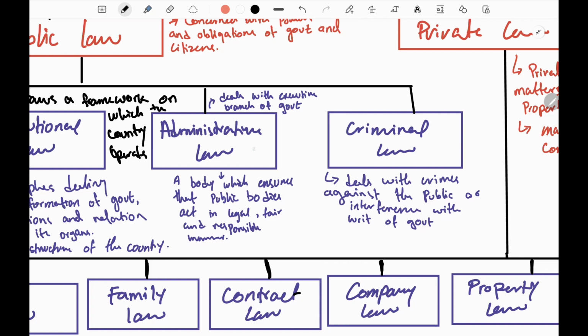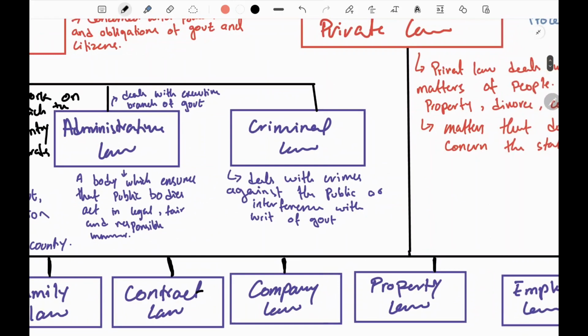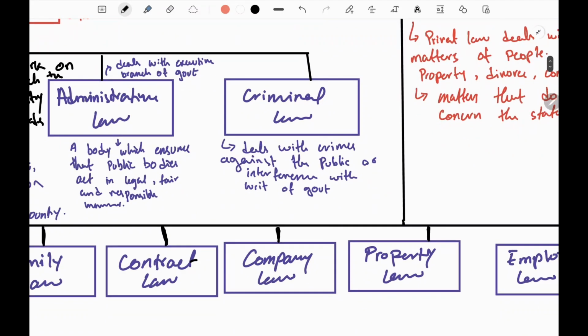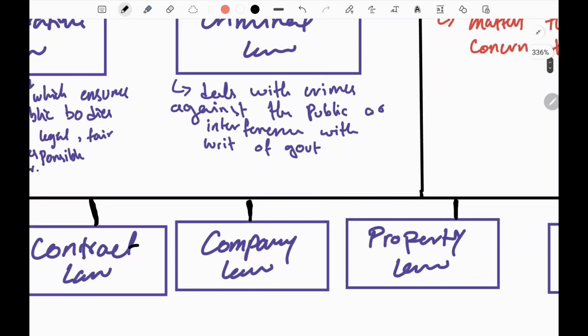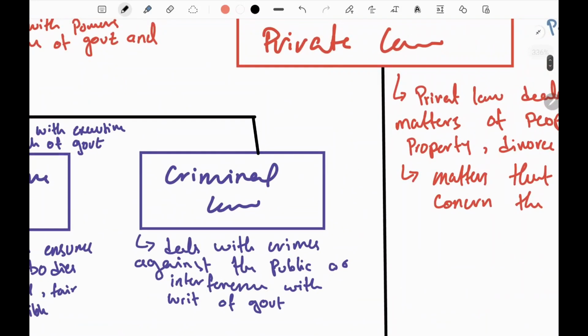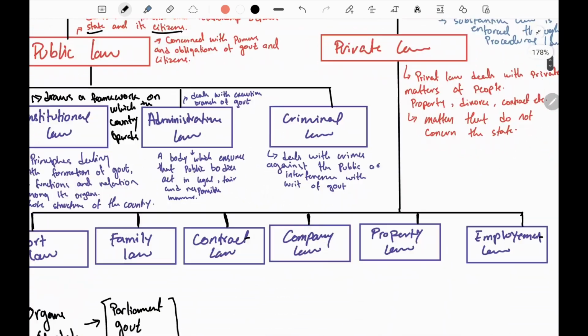So that is like the law governing government, the executive departments, in other words. And the other we have is criminal law. Everyone knows, it deals with crimes against the public or interference with the writ of government. It is when someone goes against the law that has been created by the parliament. Okay.